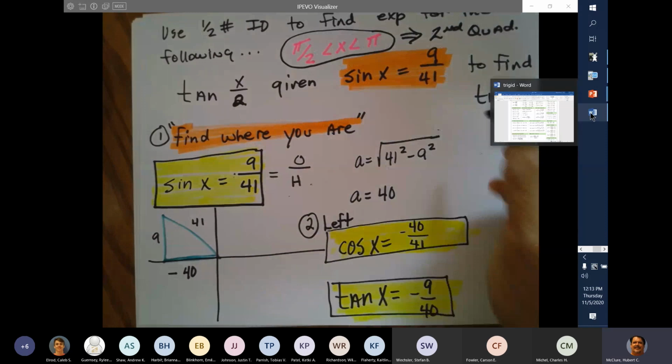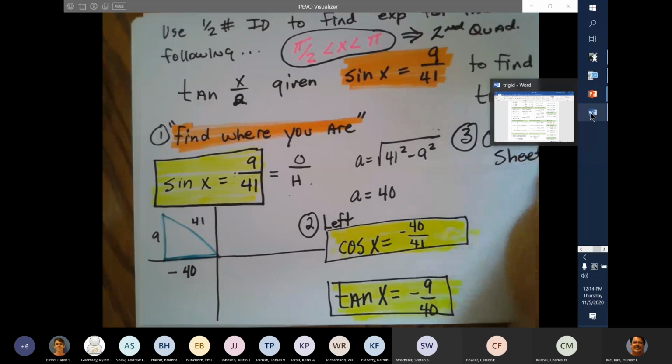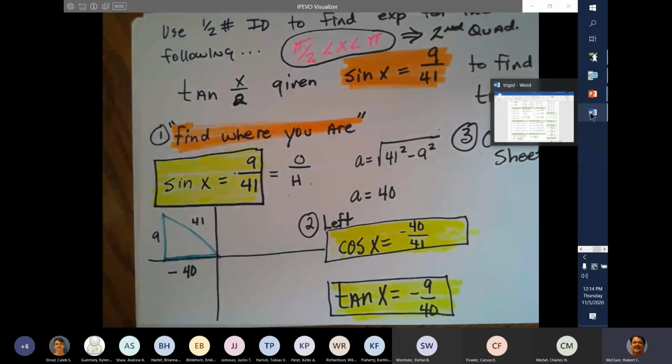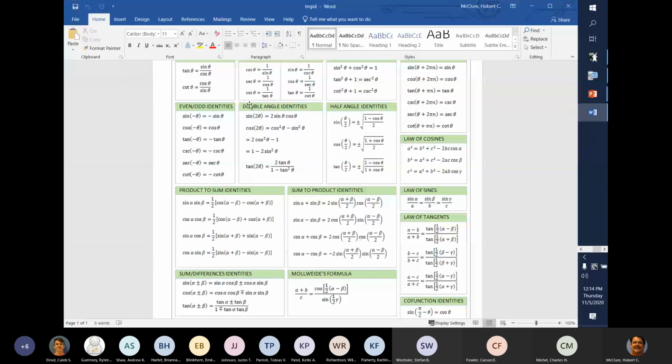And the third cheat sheet tells us the half number. They call it the half angle or half number. Okay? And we need tangent. And there it is right there.